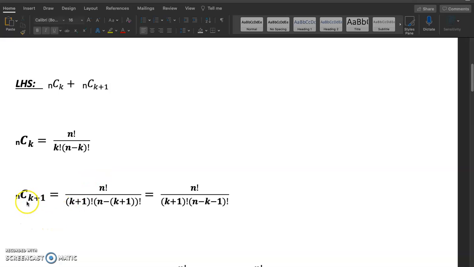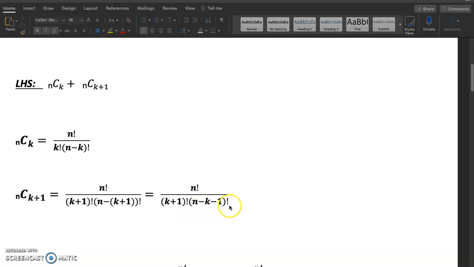Let's do it. N choose k plus 1 is n factorial over k plus 1 factorial, k plus 1 is our k, times n minus parentheses k plus 1, close the parentheses, factorial, equals n factorial over k plus 1 factorial.